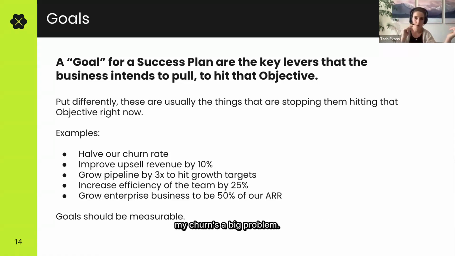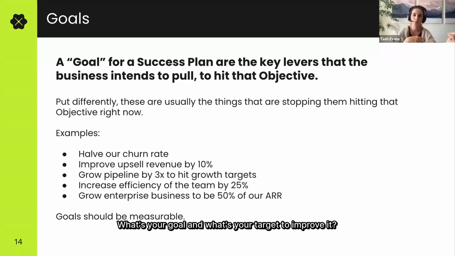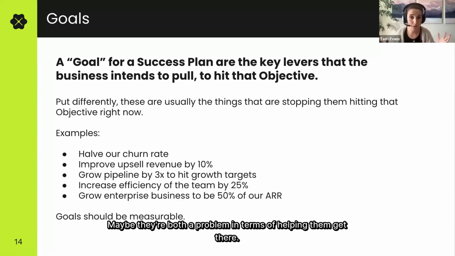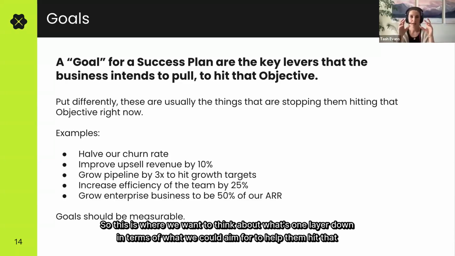Oh, my churn's a big problem. How much of a problem is your churn? What's your goal and what's your target to improve it? Or it might be that actually churn's great, but upsell is a big problem for me. Maybe they're both a problem in terms of helping them get there. So this is where we want to think about what's one layer down in terms of what we could aim for to help them hit that objective.